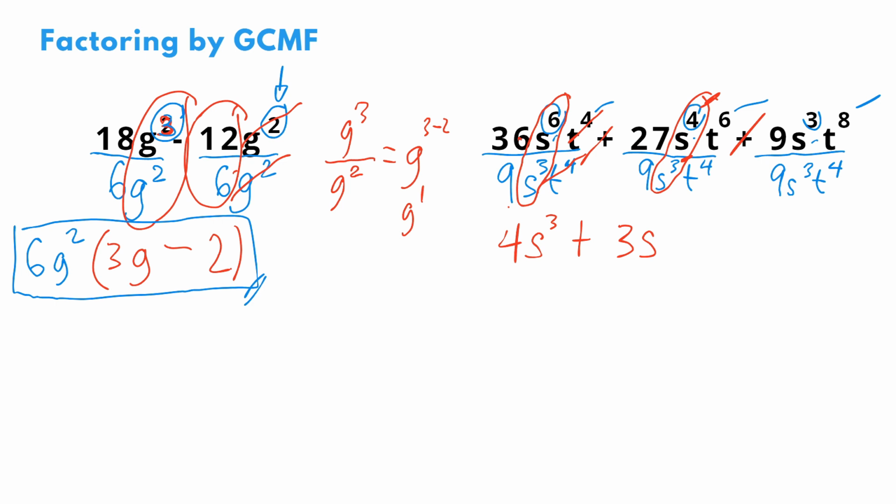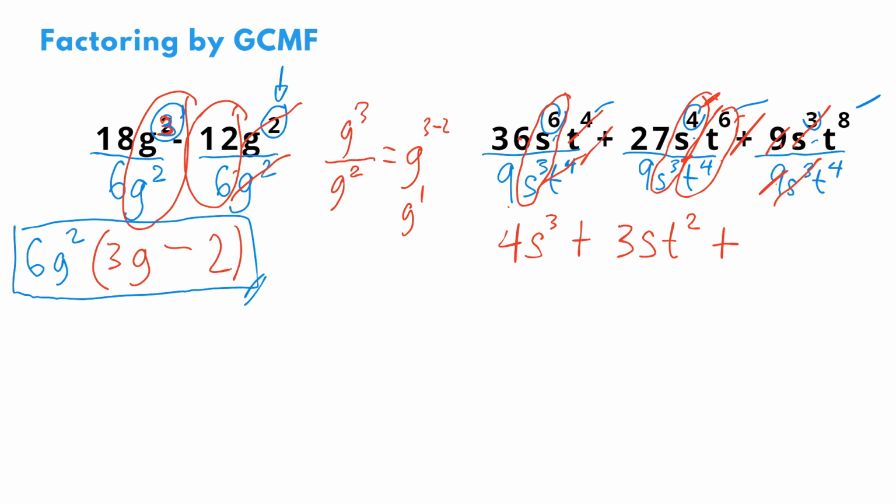There, that's the answer already. Next, what about the t? We have t raised to 6 over t raised to 4. So we have 6 minus 4, and that's going to be 2. Next, plus here, 9 over 9, cancelled. s raised to 3 over s raised to 3, cancelled.